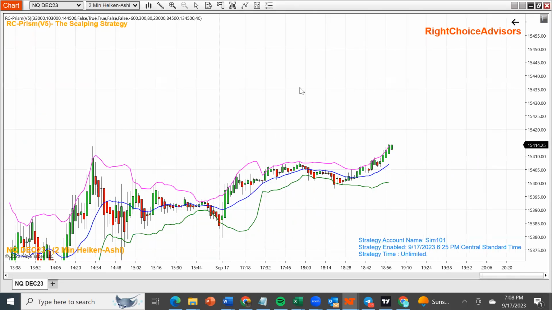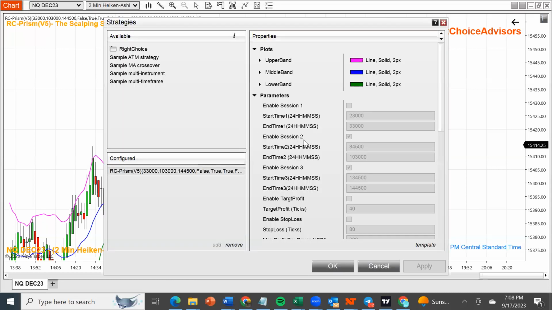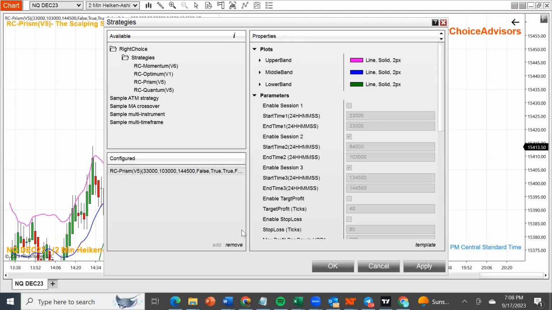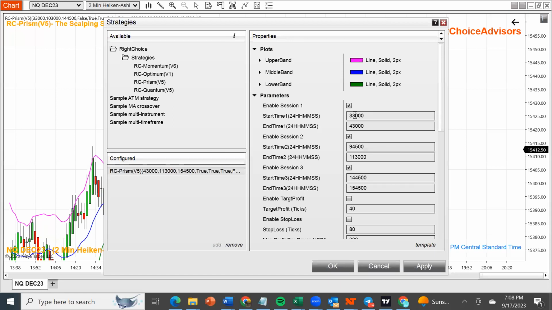Again, for example, let us say now I want to go to strategies, and let me disable this, and I want to put 7, which is 19 hours.